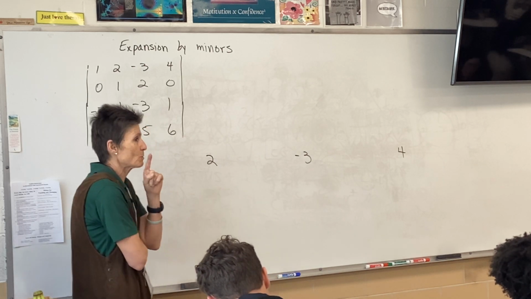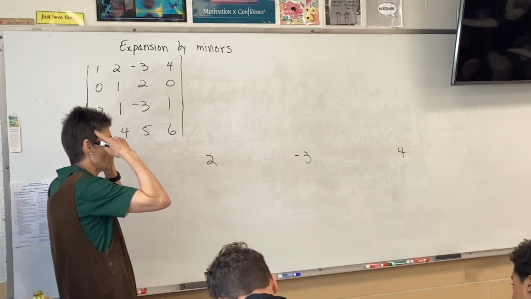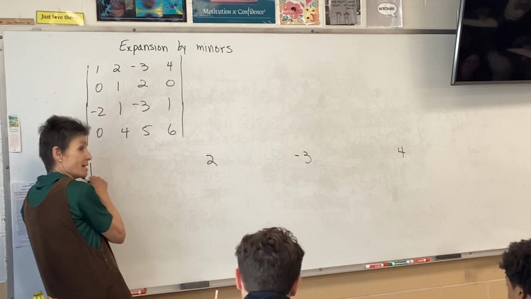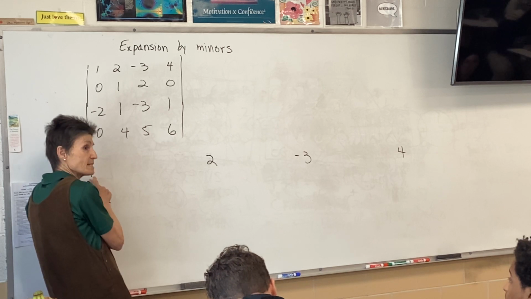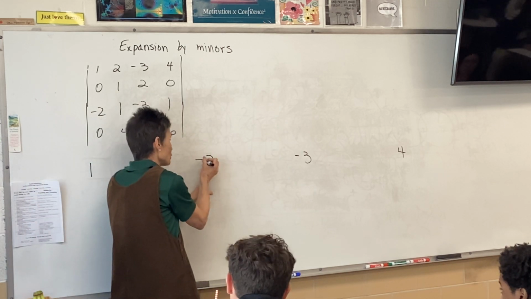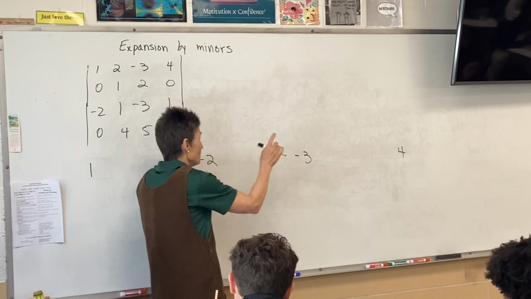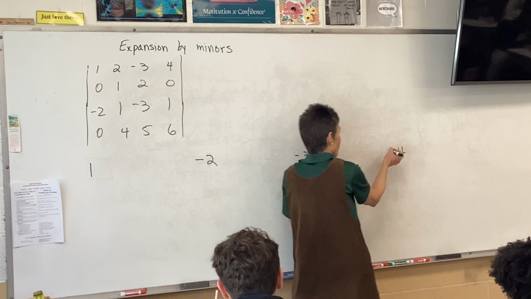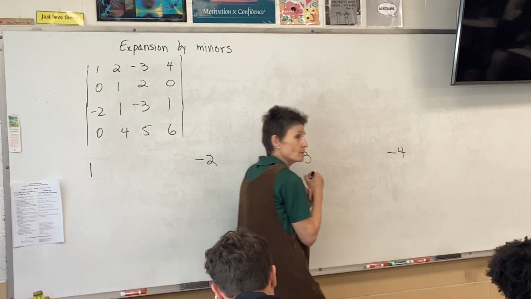Once you get those numbers written down, you say to yourself in your head, this sign, positive, will stay the same. This sign will change. This one will stay the same, and this one will change.